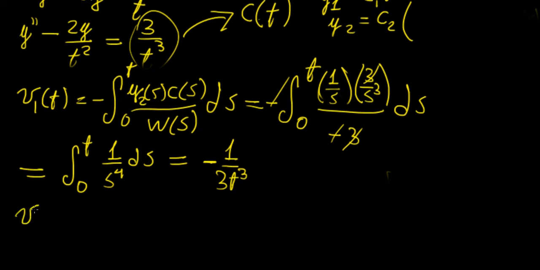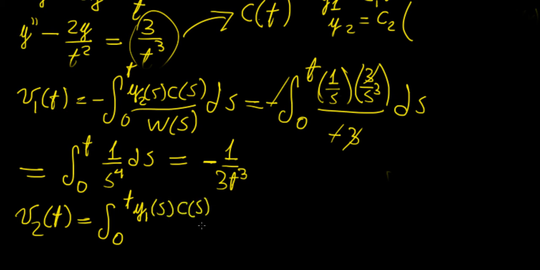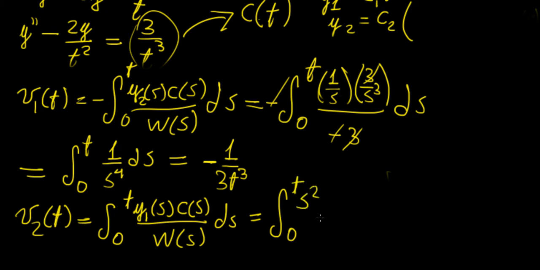And now the second one is going to be v2(t), which we know is going to be the integral from 0 to t of y1. So now is when I'm going to use that function that I was dealing with originally, over the Wronskian, s ds. So we're going to write 0 to t. y1 turns out to be t squared, so in this case we write s squared, and now we have 3 over s cubed over minus 3.